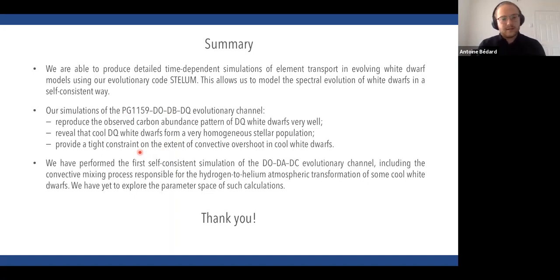And finally, we have calculated for the first time a simulation of this helium-rich to hydrogen-rich to helium-rich transformation in white dwarfs, and we have yet to explore the parameter space of such simulations. So thank you for listening. I'll be happy to answer your questions.